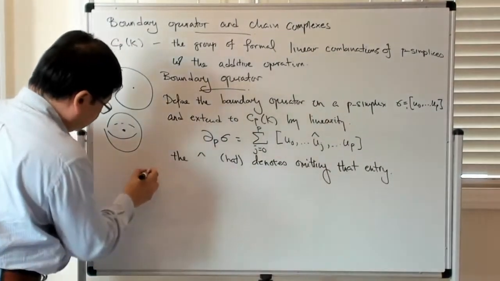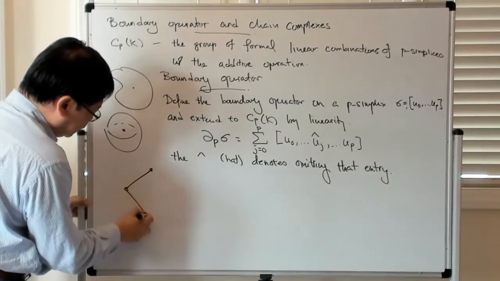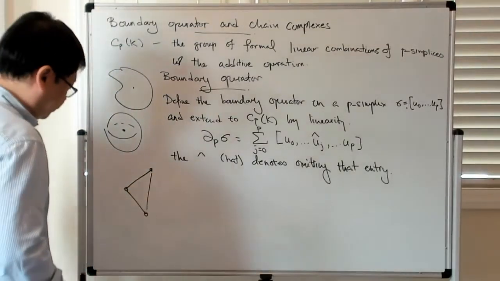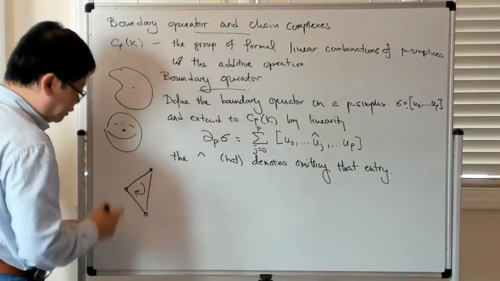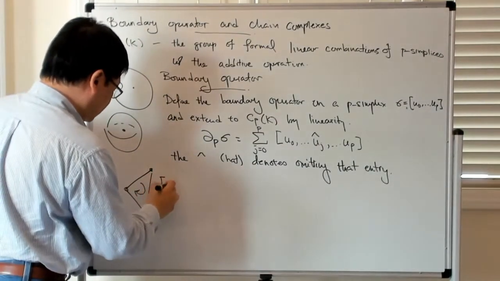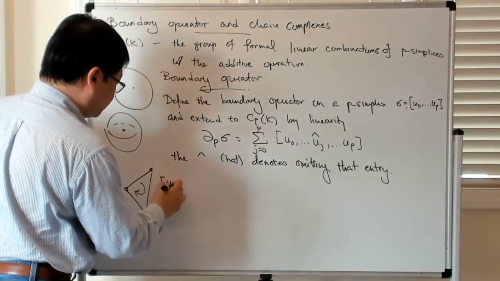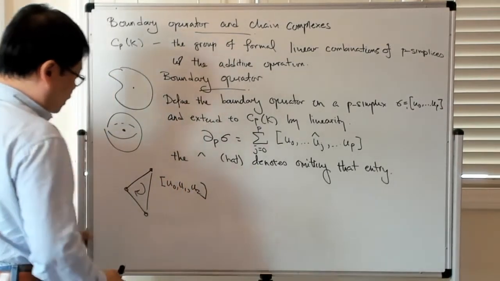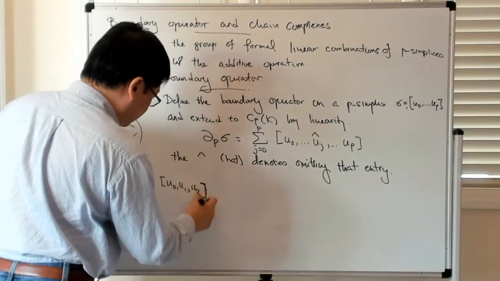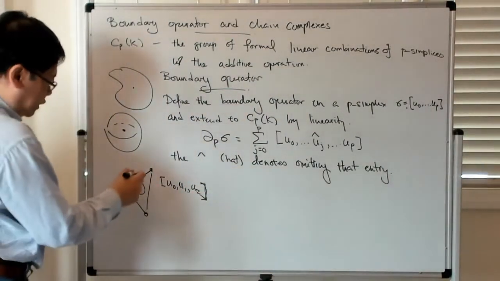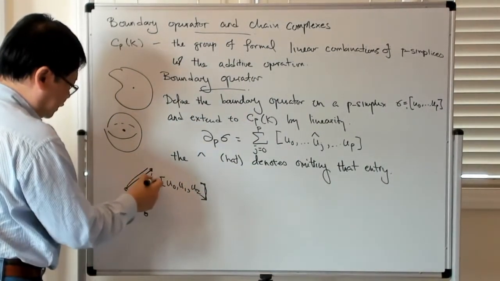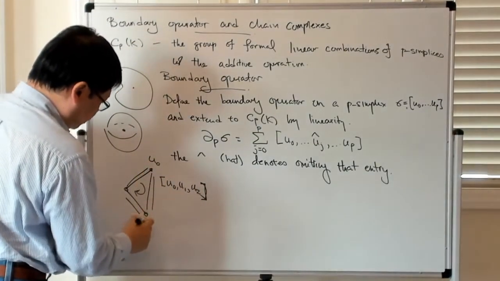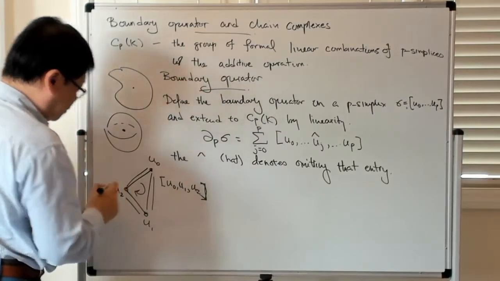Let's just say I have a simplex like this, which we'll call u0, u1, and u2. It's easy to convince yourself that the boundary of that is just this edge, this edge, and this edge.